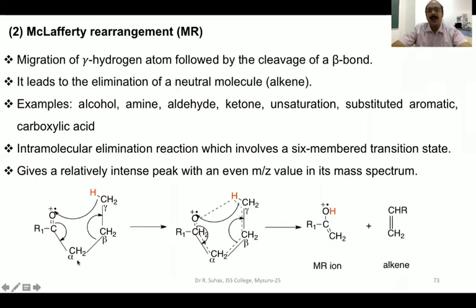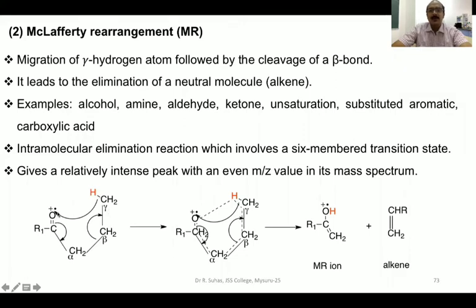Here this becomes R, and this R has 3 carbon atoms, and among them there should be a gamma hydrogen. So this is the functional group, this is the alpha carbon, beta carbon, gamma carbon. The gamma carbon has a hydrogen, called the gamma hydrogen, shown in red color. That gamma hydrogen will migrate to the functional group. As a result of that, the beta bond will be cleaved or ruptured. This is called the McLafferty rearrangement.